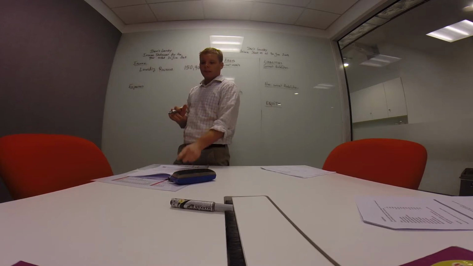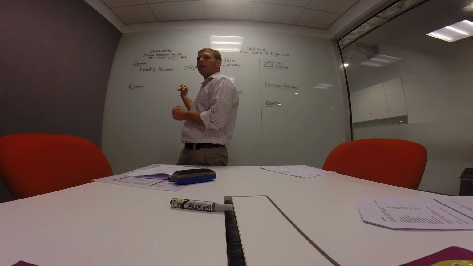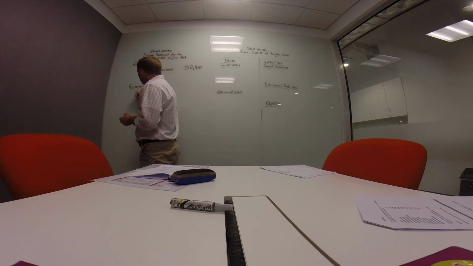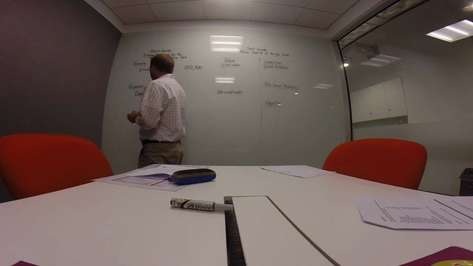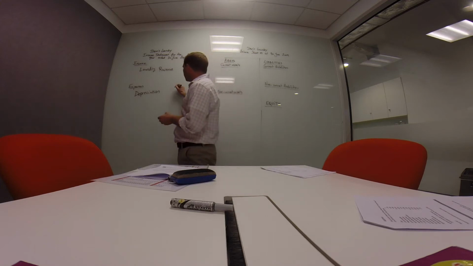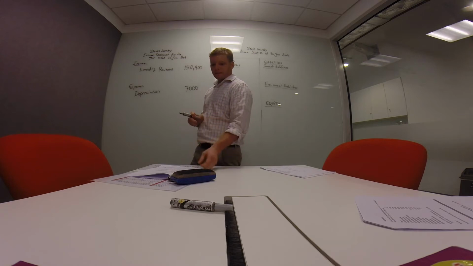We learned this week that depreciation belongs on both the income statement and the balance sheet. On the income statement, we're going to show depreciation as an expense. This shows the value of our equipment decreasing as we use it. So we have $7,000 expense for depreciation.